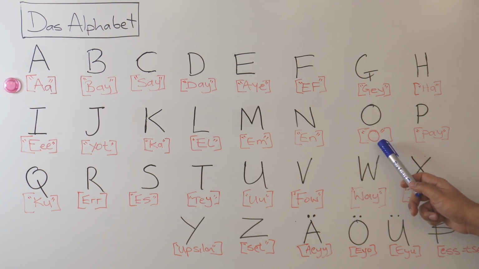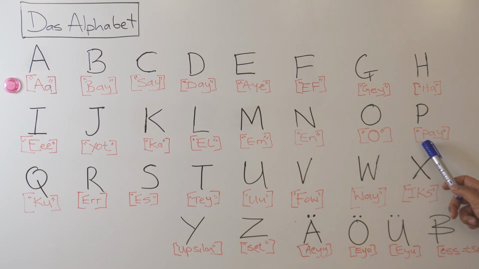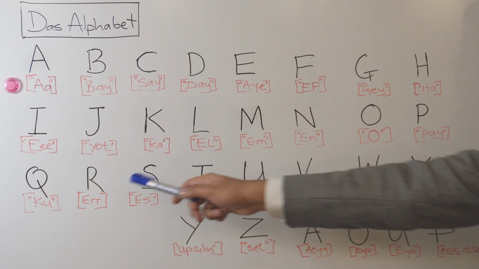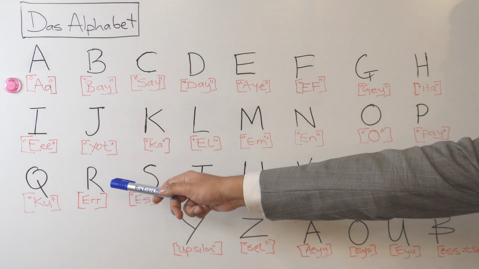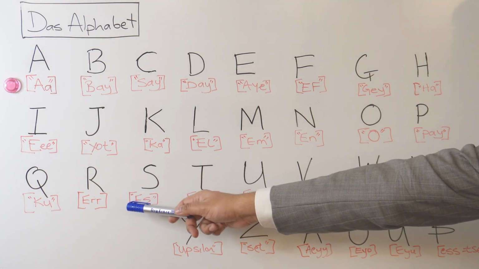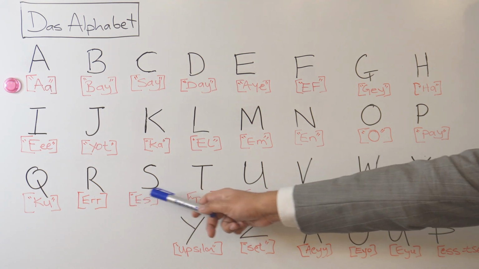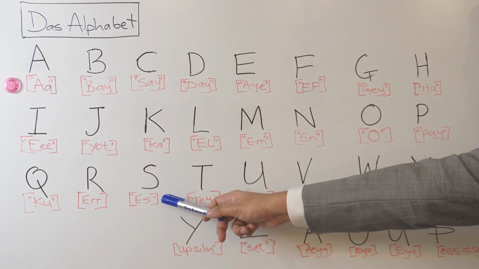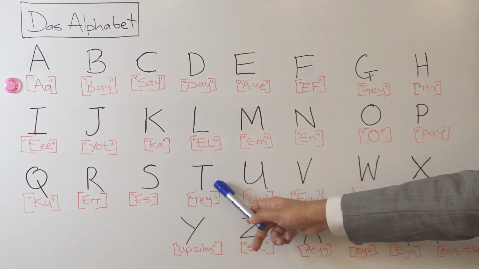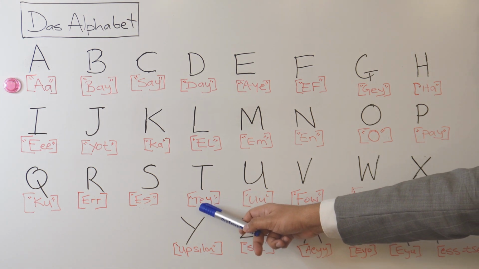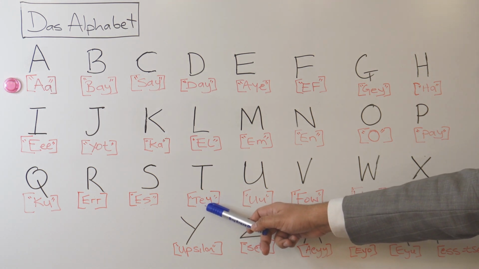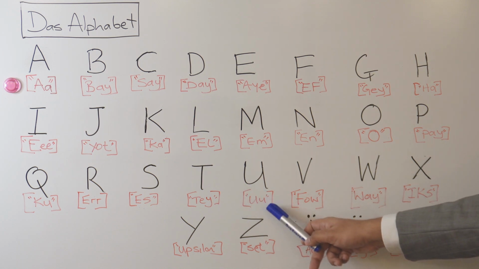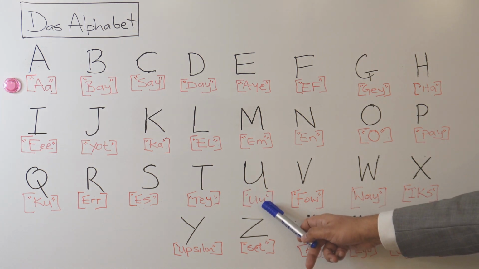O, O. P as pay, just like P-A-Y, pay. Q, Q. R, R. S, S. T is said as te, T-E-Y, te. U as u, u.